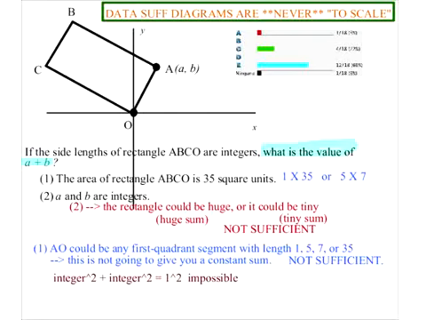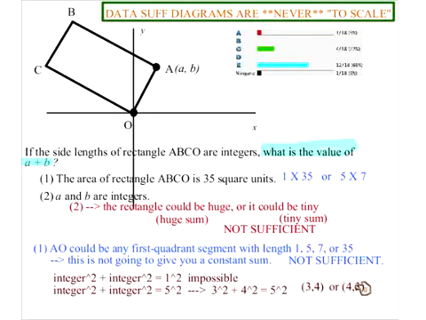If you have integer squared plus integer squared equals 5 squared, this can work: 3 squared plus 4 squared is 5 squared. So you can have the point 3,4 or the point 4,3. Notice that doesn't mean insufficient, because these still have the same sum. So we need to keep looking.